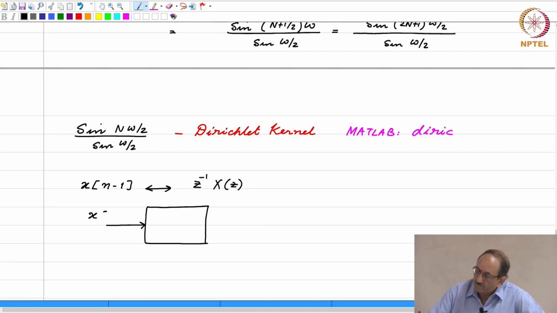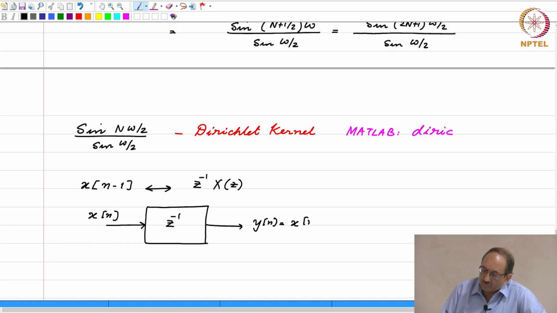Suppose you had x of n, and if the block diagram is labeled as z inverse, then this is a simple delay. Therefore, this y of n is nothing but x of n minus 1.